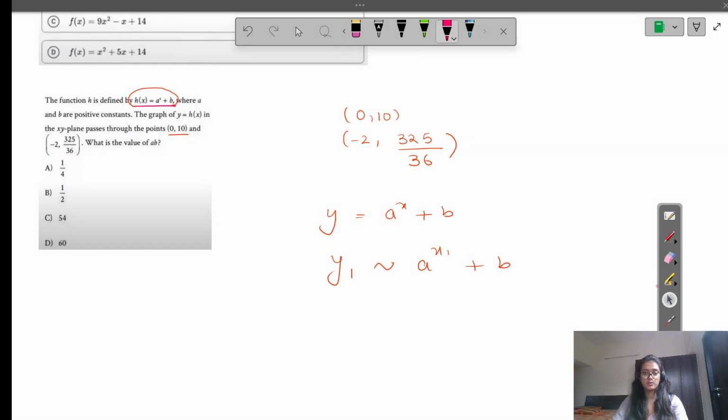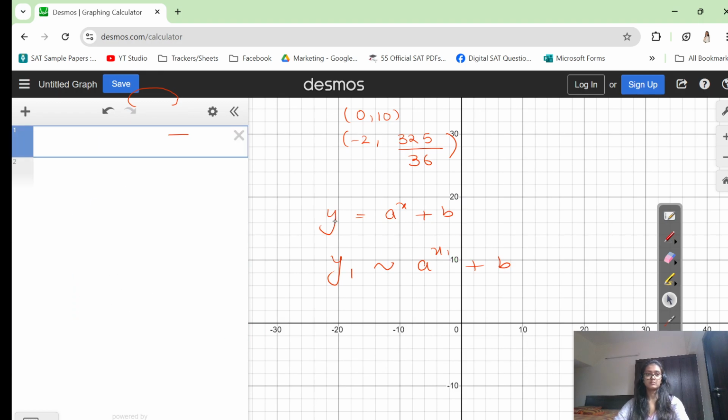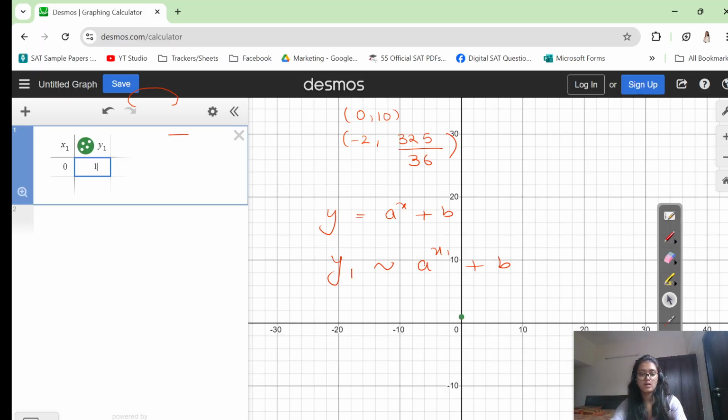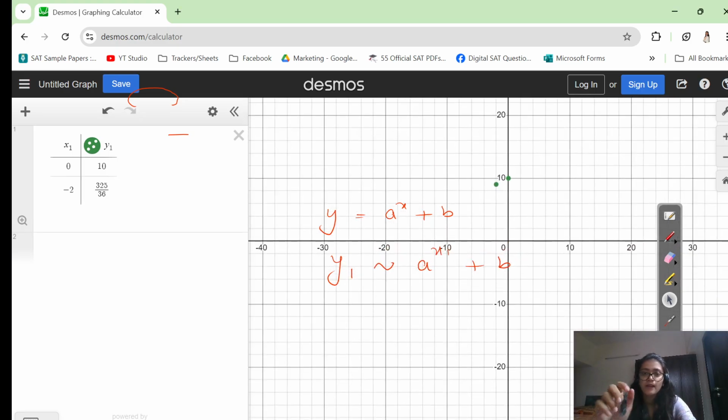Okay, so let's do this. Put a table, put the points 0, 10, -2, then 325 over 36. So these are your points. You can see these are the 2 points.